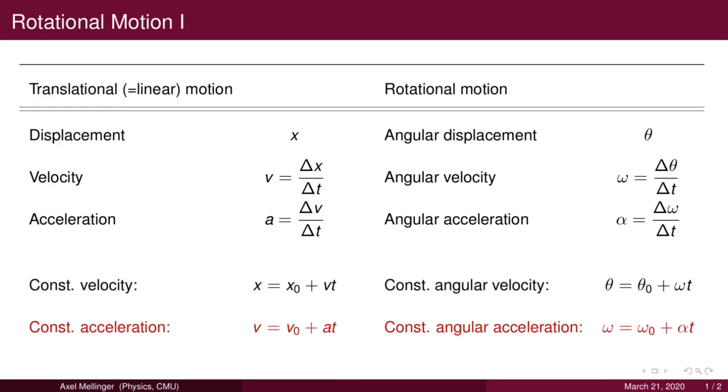For motion at constant acceleration, the linear velocity changes according to v equals v naught plus the acceleration times t. And again, we have a similar equation for rotational motion. Here it is the angular velocity omega that changes according to omega naught plus alpha, the angular acceleration, times t.